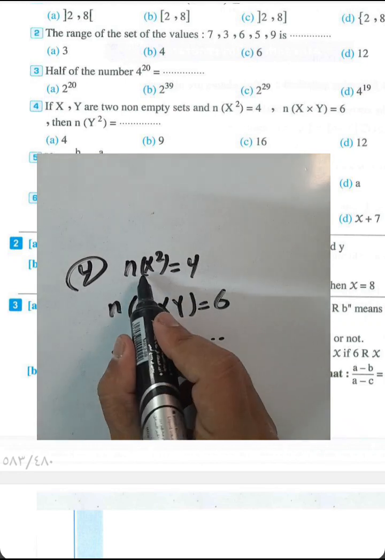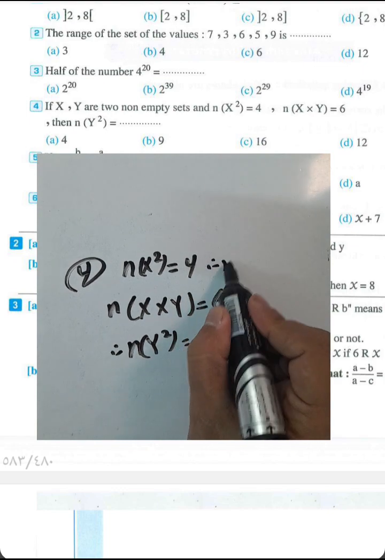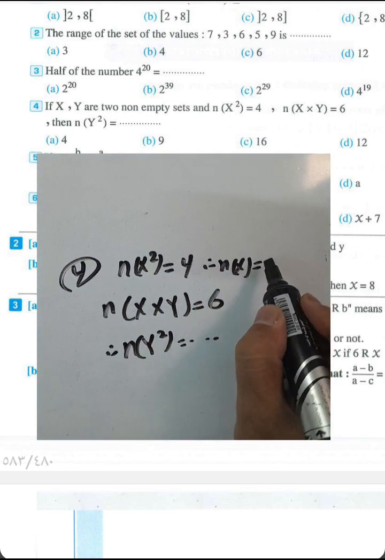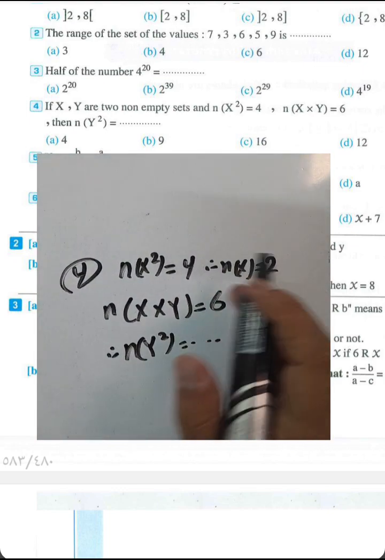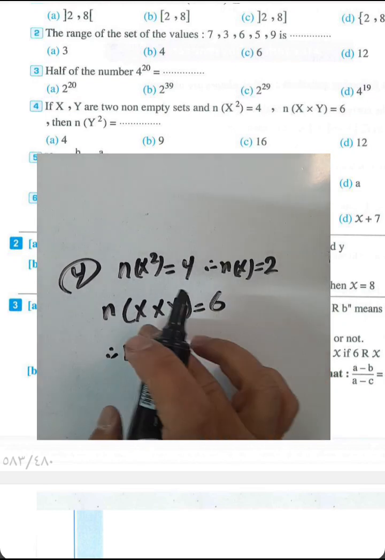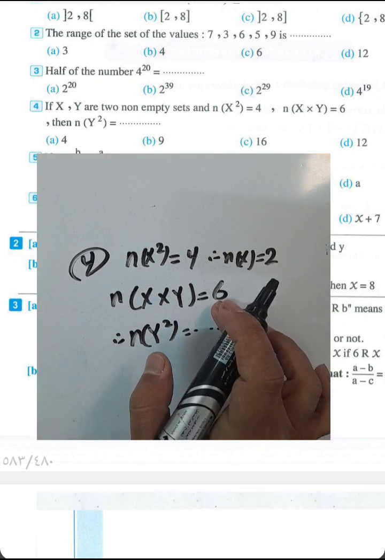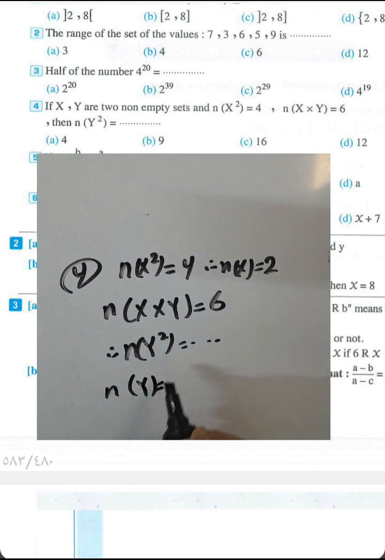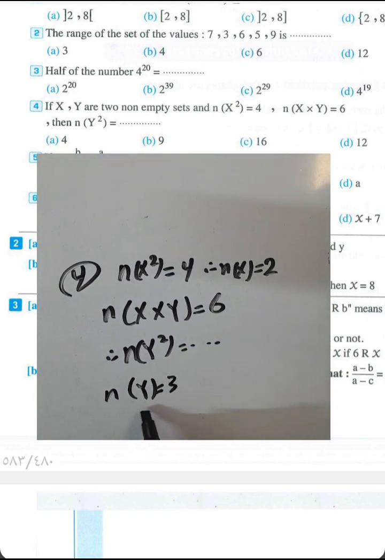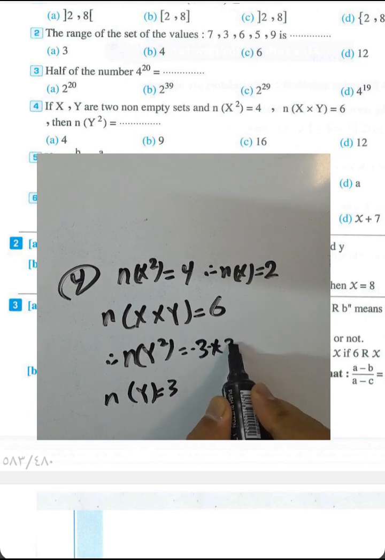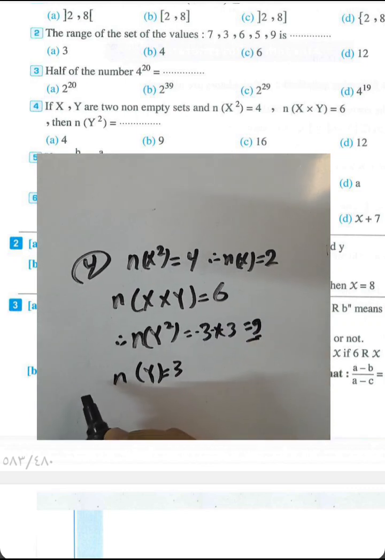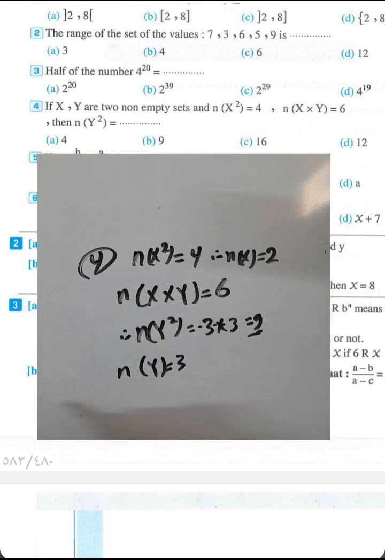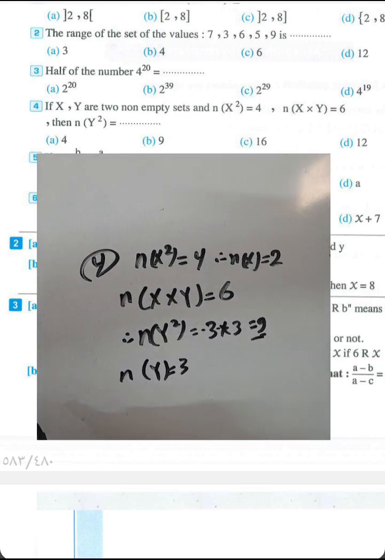We know the number of x squared equals 4, then the number of elements of x is 2, because 2 power 2 equals 4, and 2 times what equals 6? 2 times 3, then the number of elements of set y equals 3, then y power 2 will be 3 power 3... it will be 9. The result will be 9. Choose letter B about question number 4.